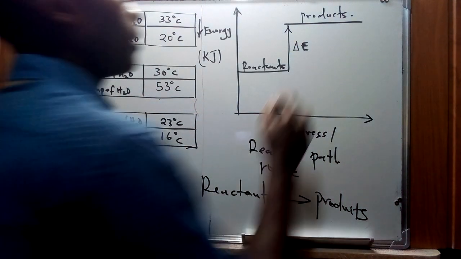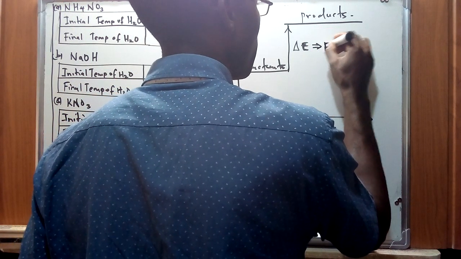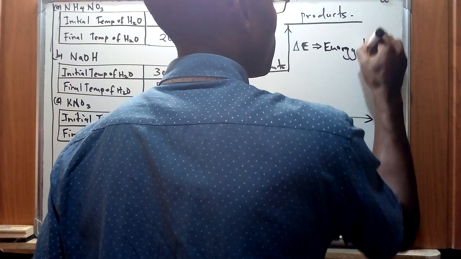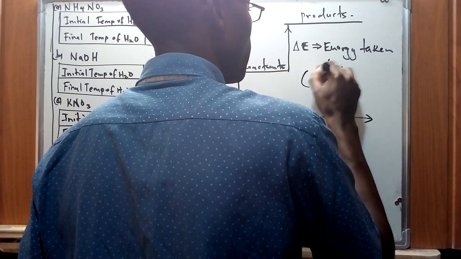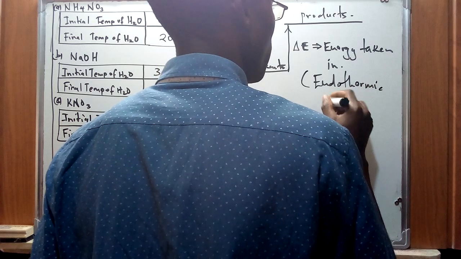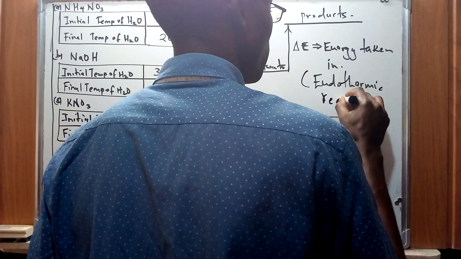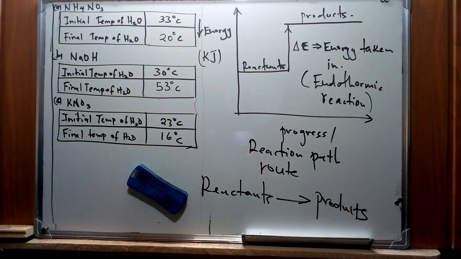So this delta E will imply energy taken in. Now for the energy taken in, as we said, this is referred to as an endothermic reaction. So this is how we can use an energy level diagram to illustrate a reaction that entails the concept of taking in energy.